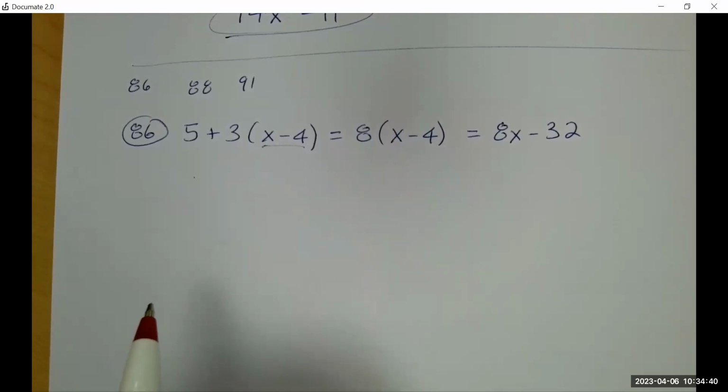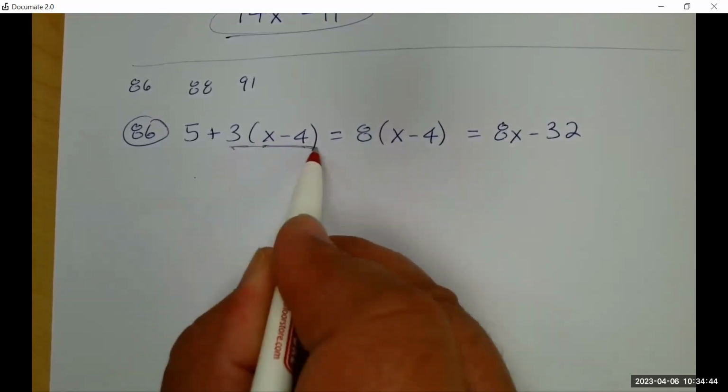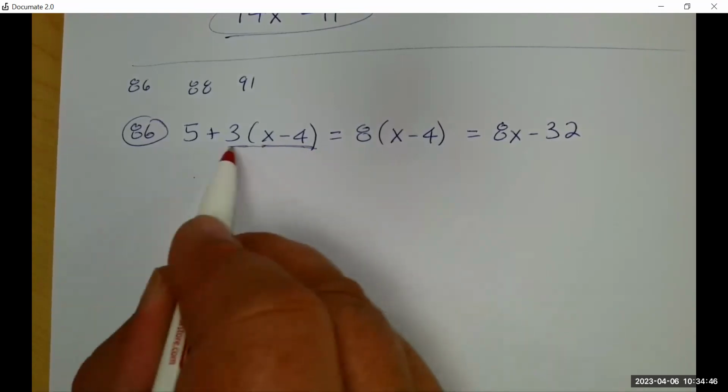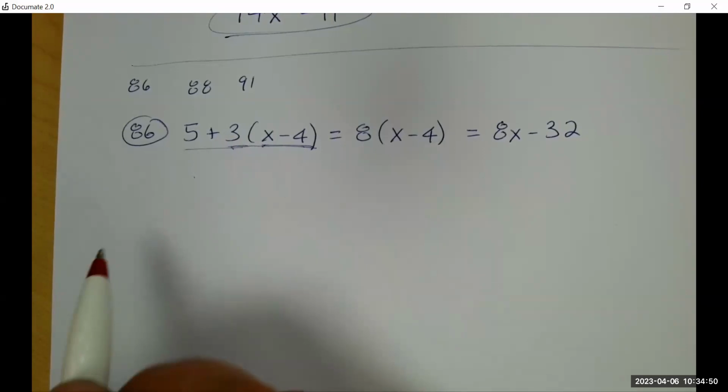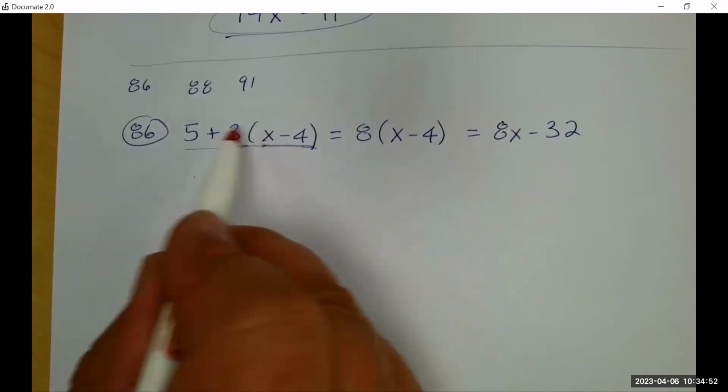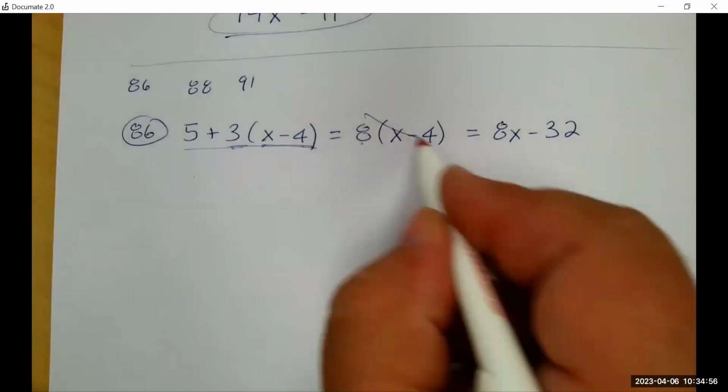Look at order of operations. You can't do anything inside of the parentheses, so you have this. That's what kind of operation? Right, multiplication before addition. So that's the mistake they made.